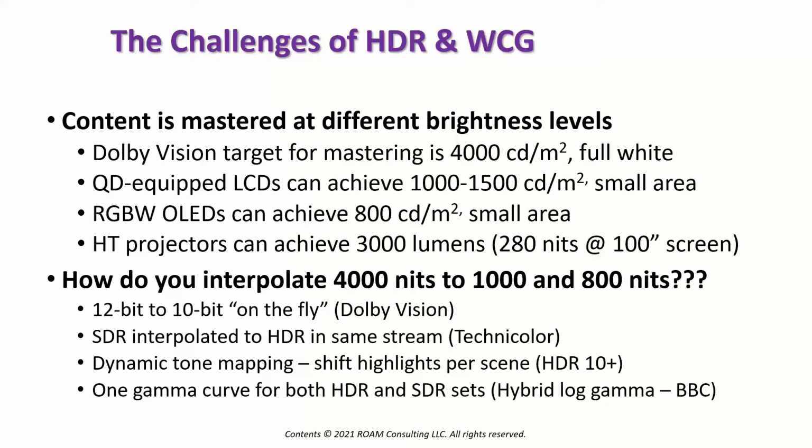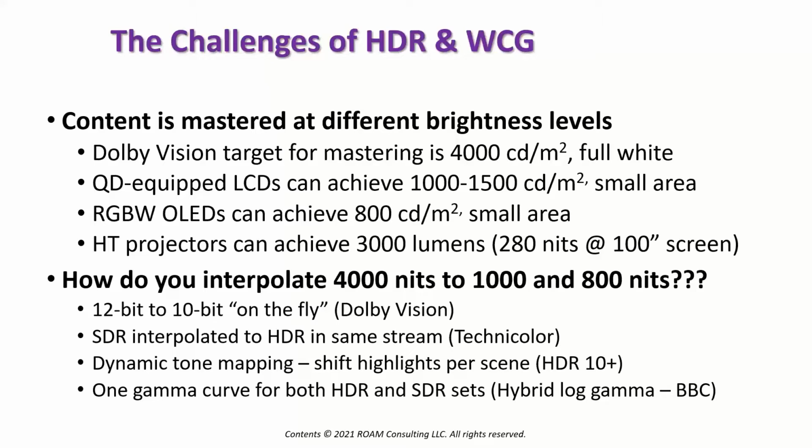The basic format for doing high dynamic range is something called HDR10. All displays support HDR10. It's called static tone mapping. It's just a fixed set of values from 0 being black all the way to whatever white happens to be. But we have dynamic tone mapping, which is what Dolby does, and then there's something called HDR10+, so the highlights can be shifted per scene.